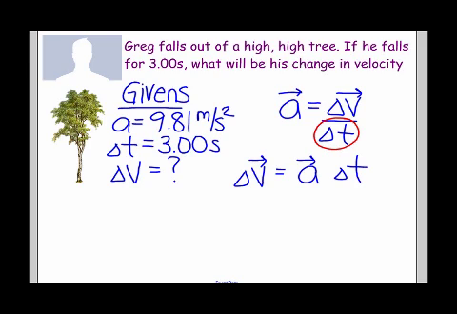Time is scalar, so that's why it doesn't have to have the arrow on top of it. Time can't have a direction, so it doesn't matter. Now I can plug in my values. Acceleration is 9.81 meters per second squared. Change in time of 3.00 seconds.